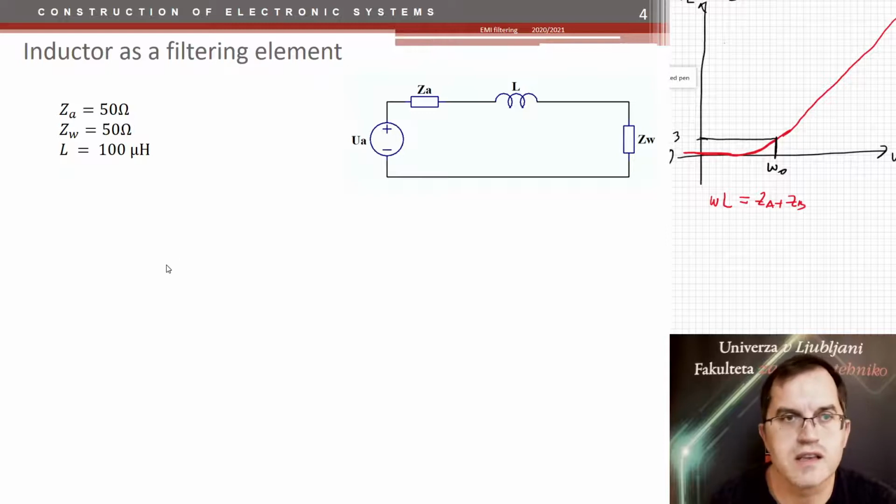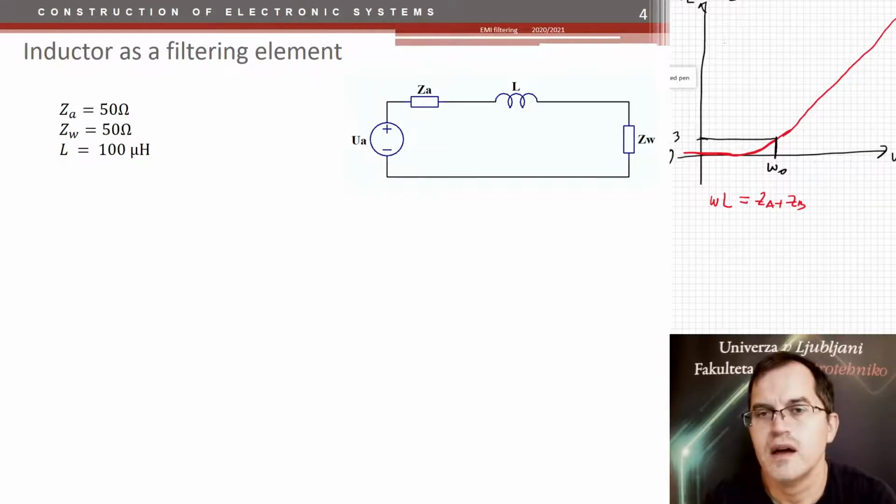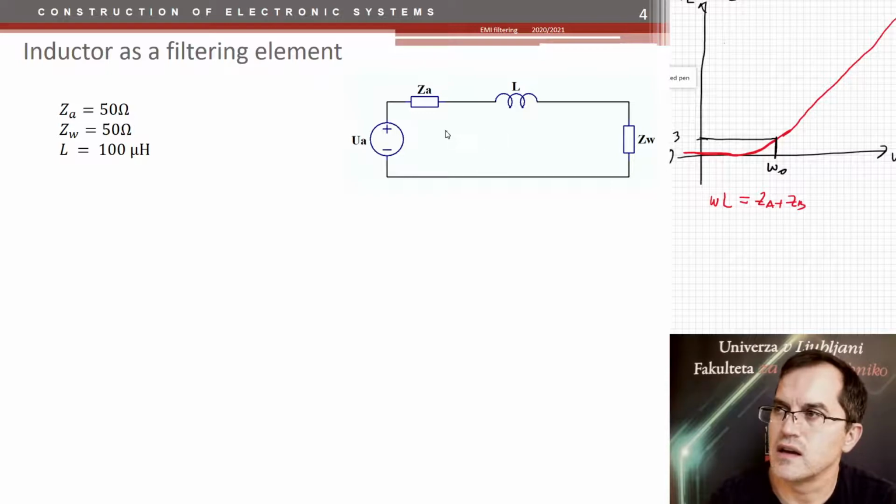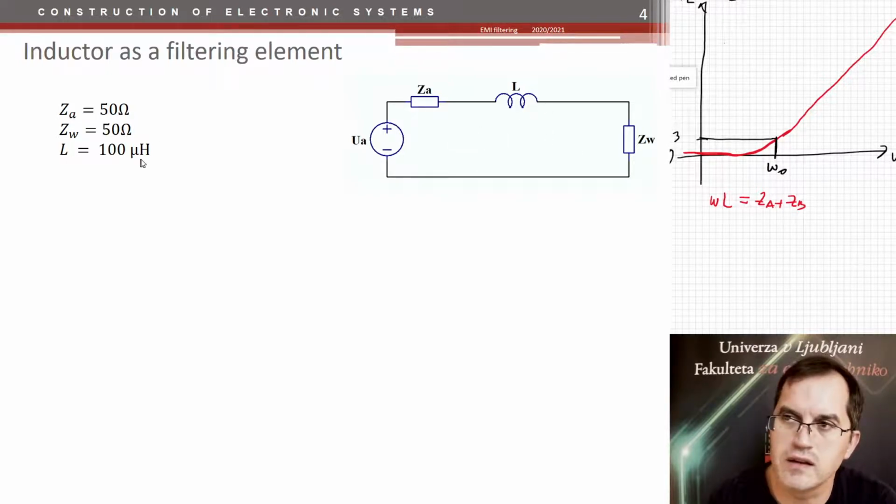And this is not arbitrarily chosen, because 50 ohm impedances are standard impedances used in filter testing. So these are source and victim impedances, and the coil inductance is 100 microhenries.